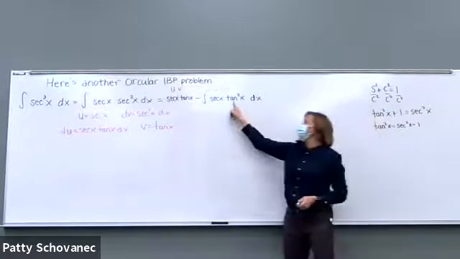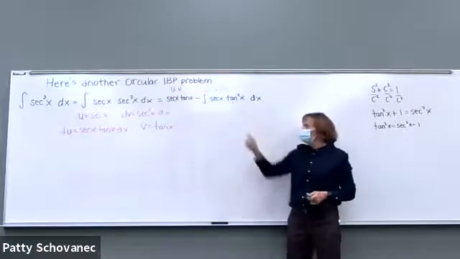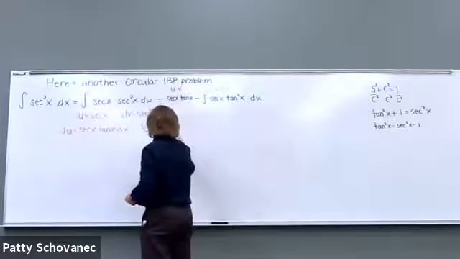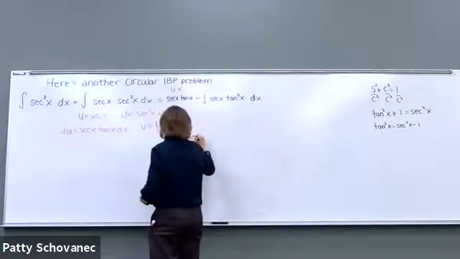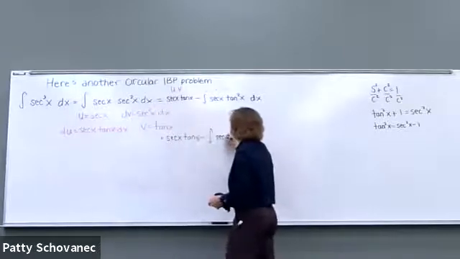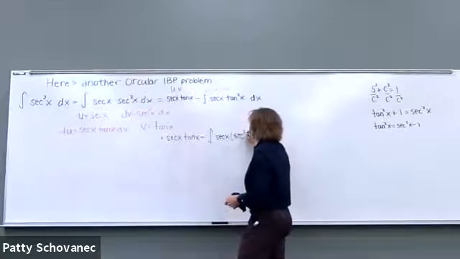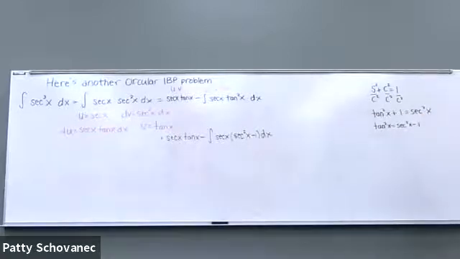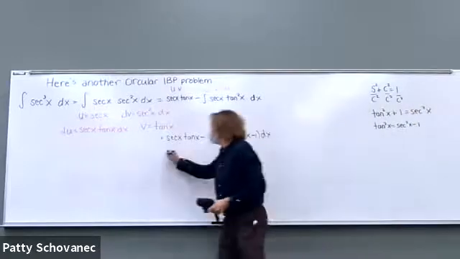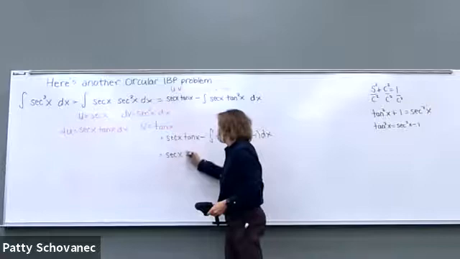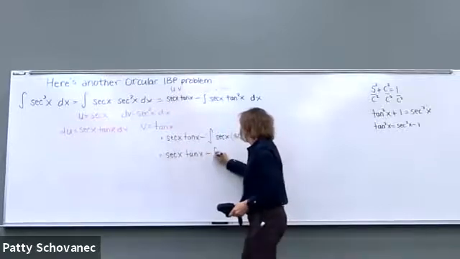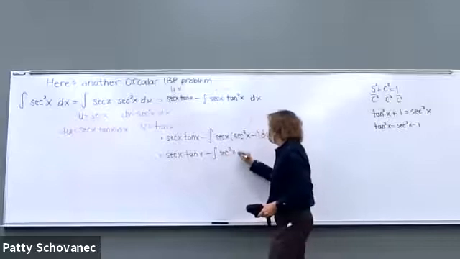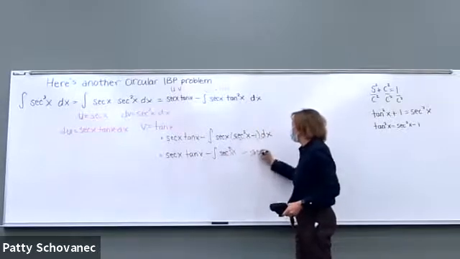So I'm going to replace this with secant squared minus 1. It's when I distribute that secant through there that I get my original secant cubed integral back. And then I'll have minus the secant of x in there.